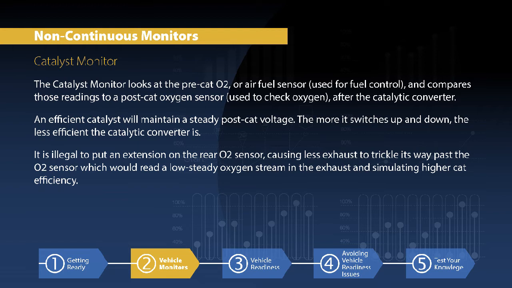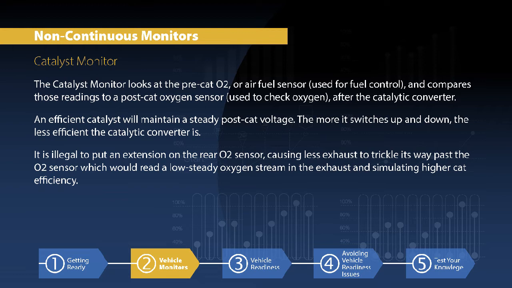The PCM measures the level of oxygen entering and leaving the converter and calculates converter efficiency. This is accomplished by comparing the outputs from the upstream and downstream oxygen sensors. If the converter is functioning, there should be little unburned oxygen left in the exhaust as it exits the converter.